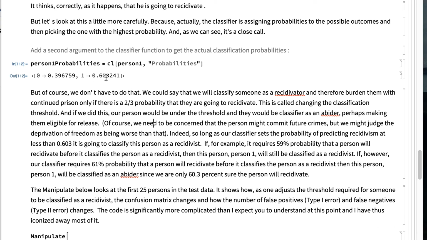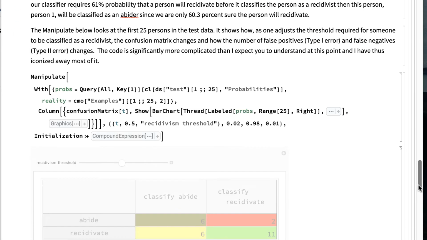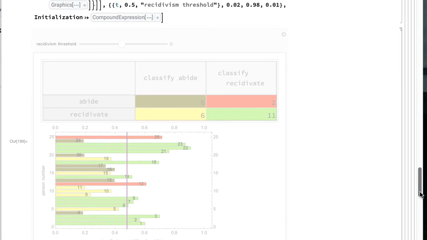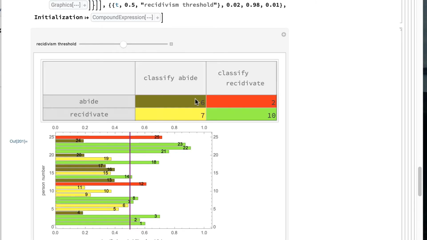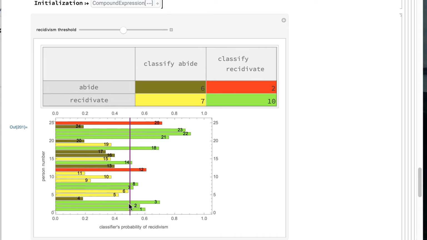So for this person and for others, the choice of threshold, along with these probabilities, ends up determining their ultimate classification. We can see this in this Manipulate here. Let's just run it. I've taken the first 25 people in our data set, person 1, person 2, up to 25.